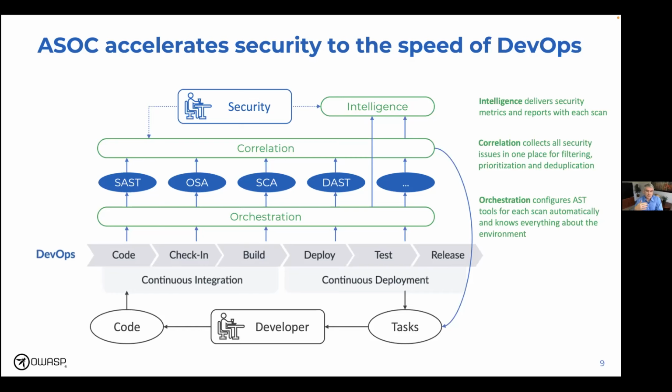And so now, when orchestration does its job and security tools have completed their scans, correlation comes in, which collects security issues from each of the individual tools in one place and allows the security team to go to that one place and see the full list of all security issues.